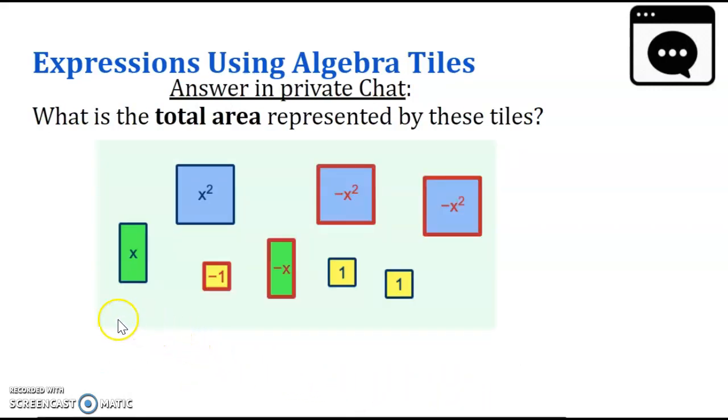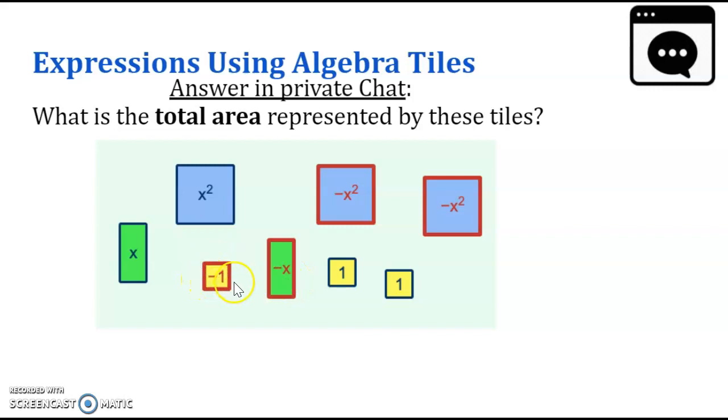Alright, how about this one? Okay, this is a little bit different. Where you see this red outline around it, it represents that it's not positive, but negative. So in this case, this x squared and this x squared are the same in size, but this is a negative version of it. So the negative x squared, and the same thing with x's and the 1's.